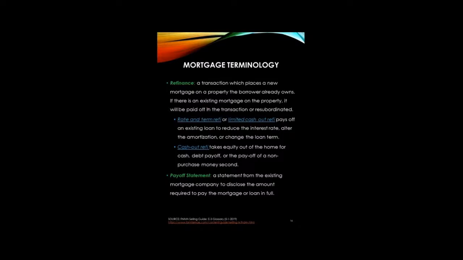And if you pay after that, the payoff will change, and you have to get a new payoff because the numbers could be a little lower if the borrower paid on it, or a little higher if the borrower didn't pay and just has interest for the following month that wasn't paid.